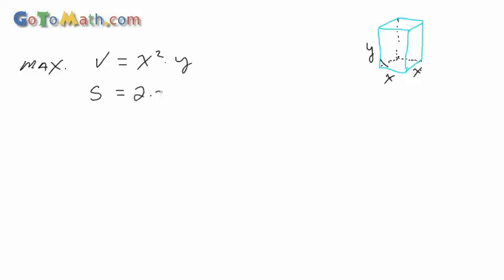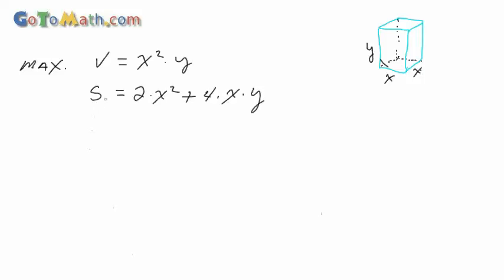So 2 times x squared plus, and then how many sides do we have? 1, 2, 3, and 4, right? So 4 times x times y. And of course, this surface area is actually, they gave us that, didn't they? 256 meters squared.